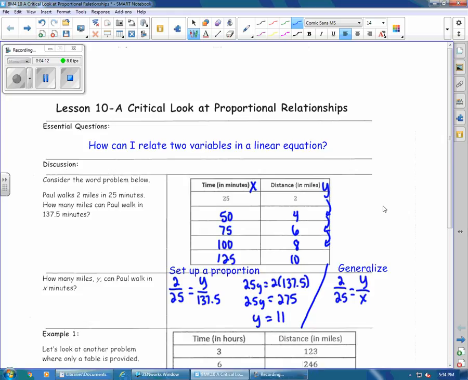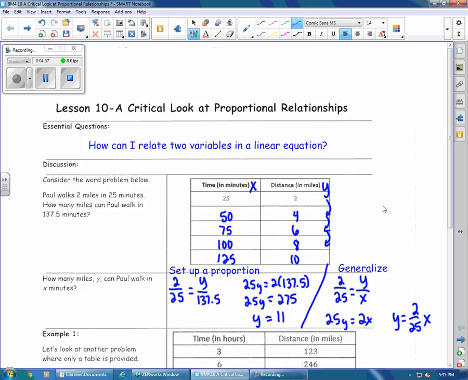Again, we'll use our cross products property, and we'll have 25y equals 2x. If we divide both sides by 25, we'll have y equals 2/25 x. So what is that telling us? It's telling us for any given time, we can plug that in for x and figure out how far Paul can travel in that amount of time.